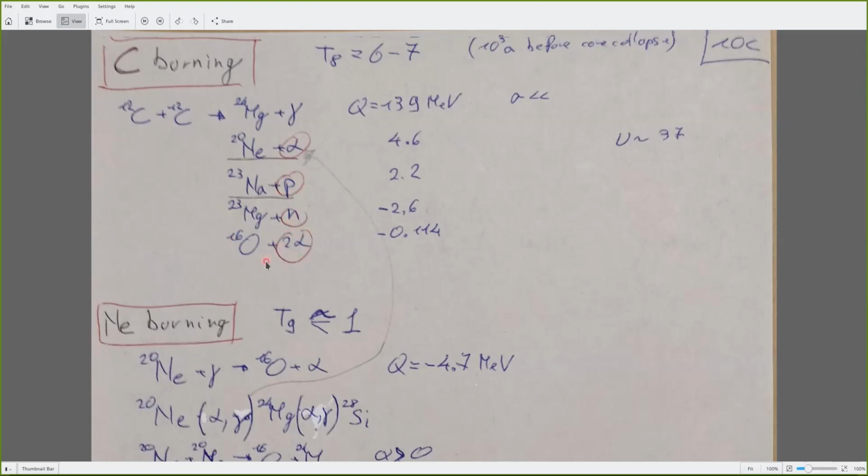And there is a channel going to oxygen with two alpha particles, and these two are absorbing energy.